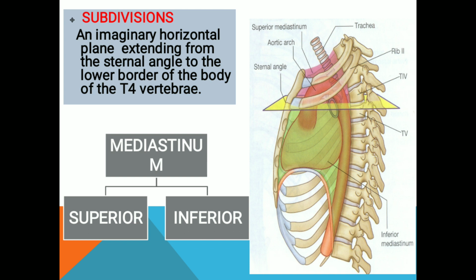It is the same line as I told you: an imaginary line from the manubrium sterni to the lower border of the T4 thoracic vertebra divides the mediastinum into two parts, the superior mediastinum and the inferior mediastinum. You can see here, this is the superior mediastinum and this part is the inferior mediastinum.